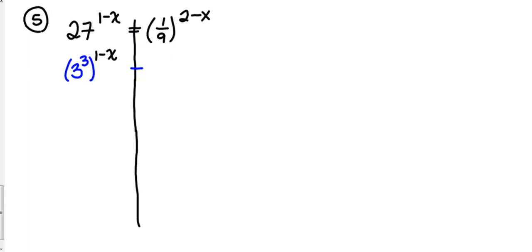Equals, how about that 1/9? How do I write 1/9 as 3 to a power? Well, I know that 9 is 3 squared, so that means 1/9 would be 3 to the negative 2. Remember, negative exponents get us fractions. So I can rewrite this as 3 to the negative 2, and again, 2 minus x is still on the outside.